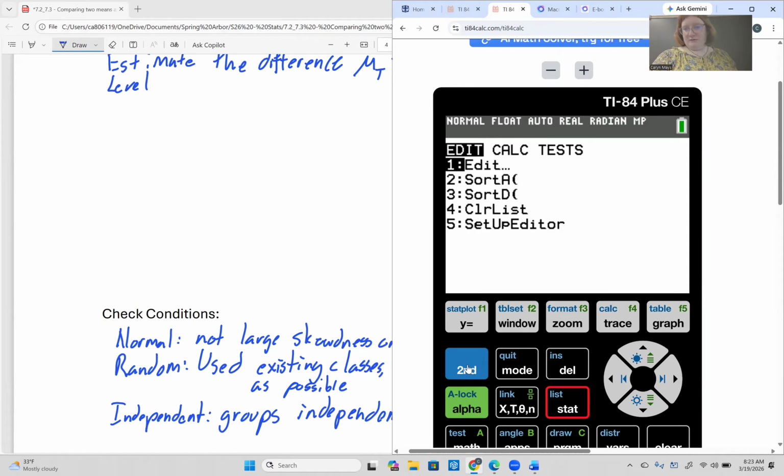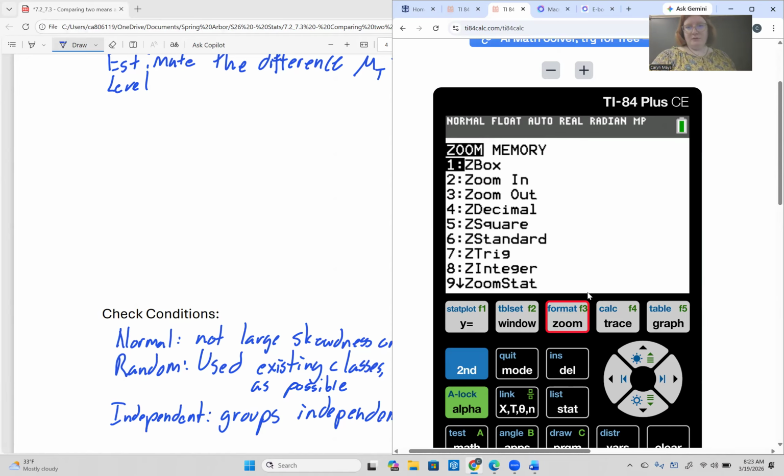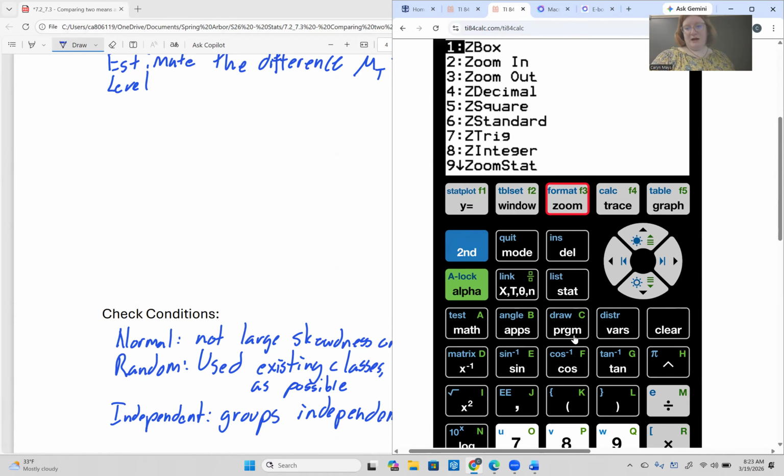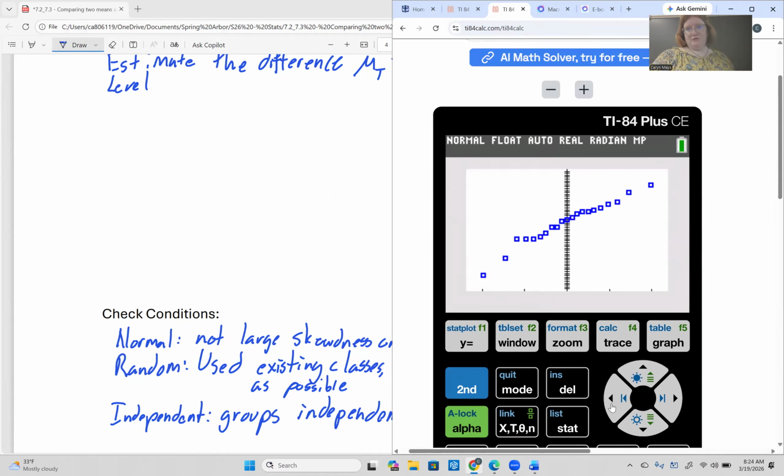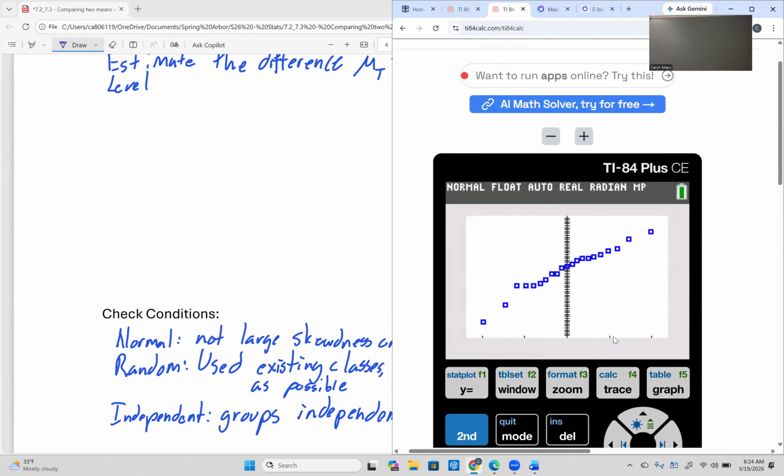So then, not second, zoom stat, zoom 9. And there is our normal quantile plot. It's not perfectly straight, but for the most part, again, the idea is we don't want large skewedness. We don't want large outliers.